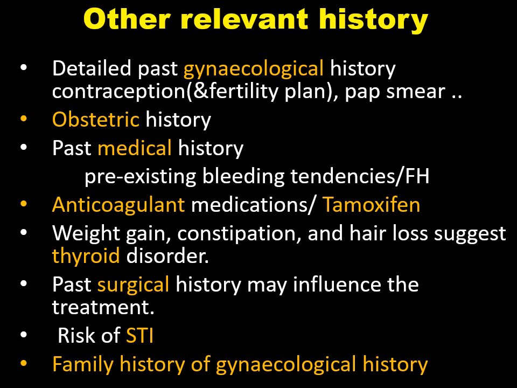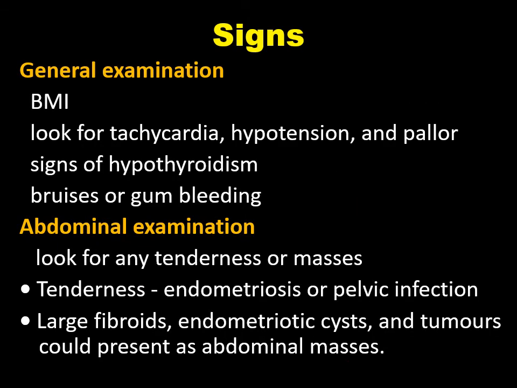Women receiving tamoxifen should be followed up because of the risk of endometrial cancer. Other symptoms of thyroid disease, such as changes in weight, constipation and hair loss, past surgical history, risk of sexually transmitted infection, and family history of gynae problems.